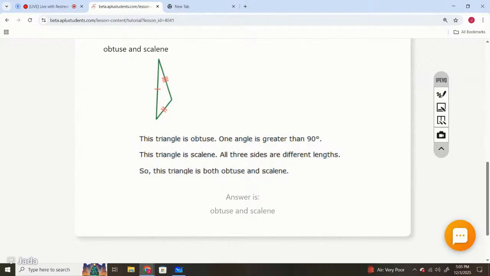The triangle is obtuse: one angle is greater than 90 degrees. The triangle is scalene: all three sides are different lengths. So the triangle is both obtuse and scalene.